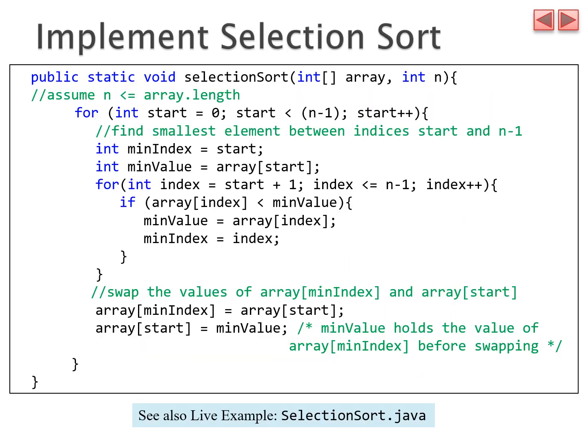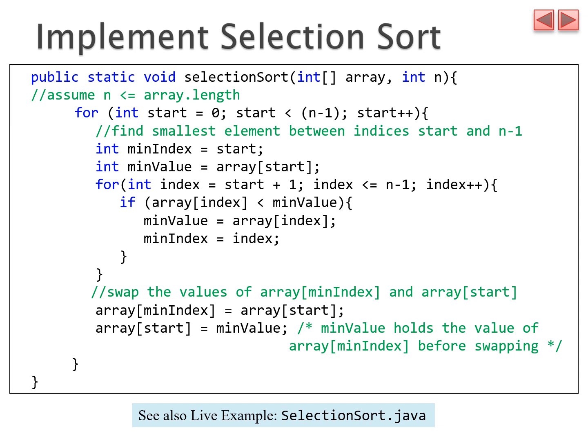Okay, so now that you have understood how selection sort works, we can implement it in Java. We just write it as a method named selectionSort. You can put this method in any class if you want.